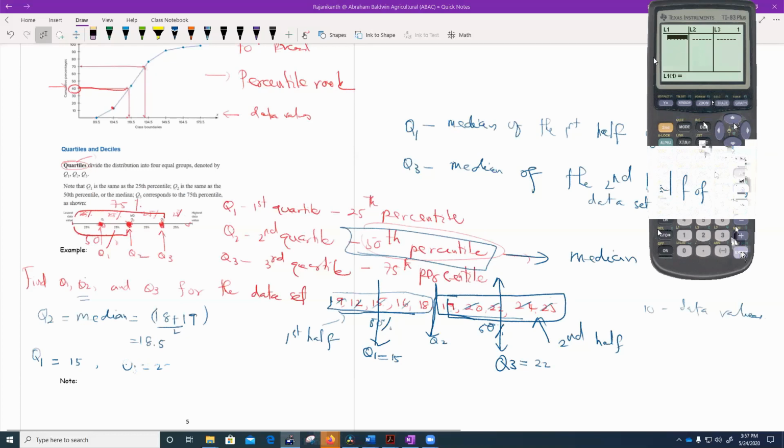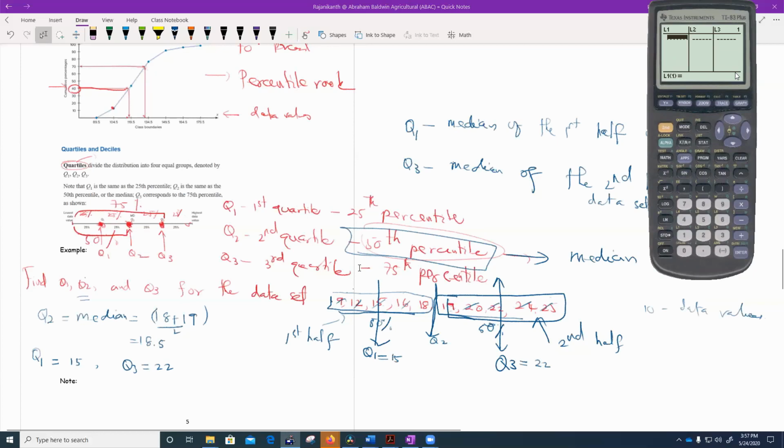You don't need to arrange them, so you could type the raw data. The given data values are 9, 12, 15, 16, 18, 19, 20, 22, 24, and 25. So I have entered all the data values here, 10 of them.